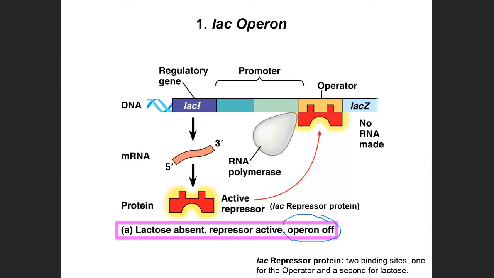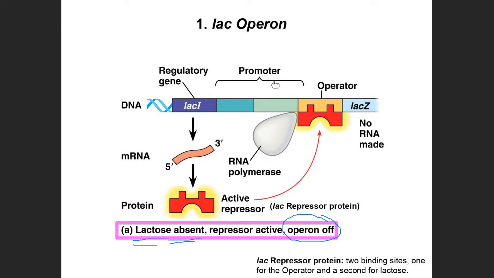When lactose is absent, this Lac repressor protein is in an active state. Its binding site that recognizes the operator has a shape that complements the shape of the operator. Thus, the Lac repressor protein is active, and it will use this binding site to bind to the operator of the Lac operon.